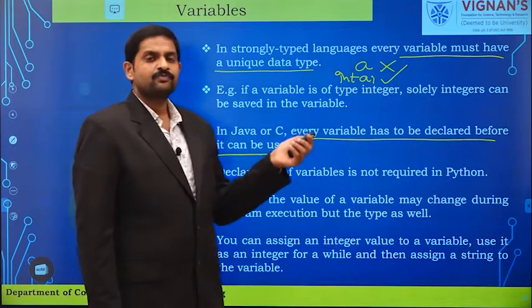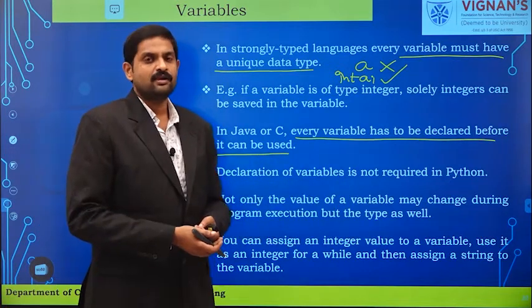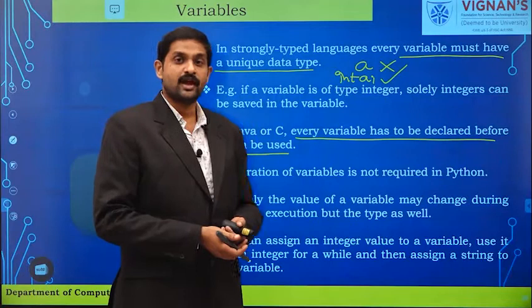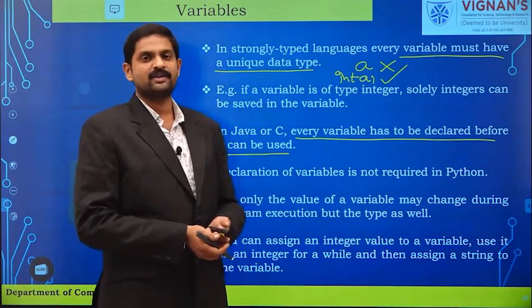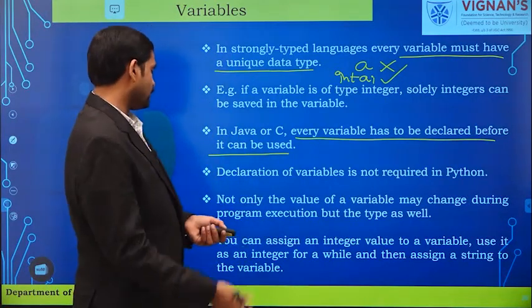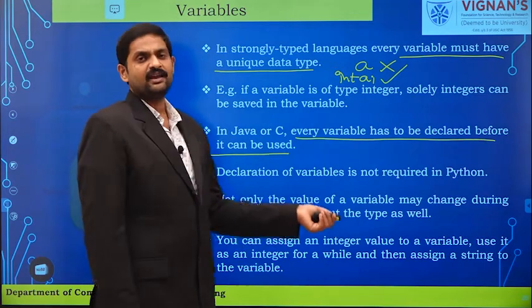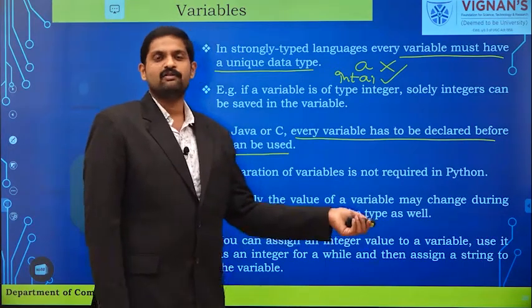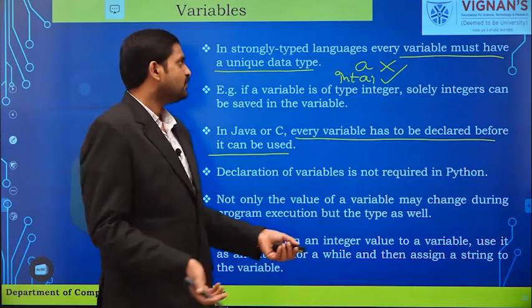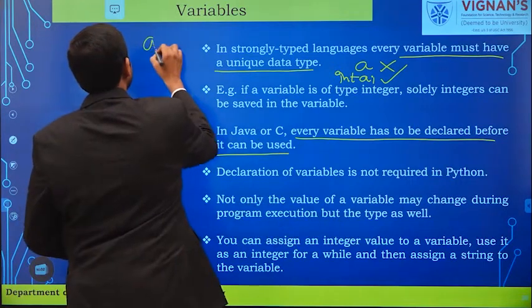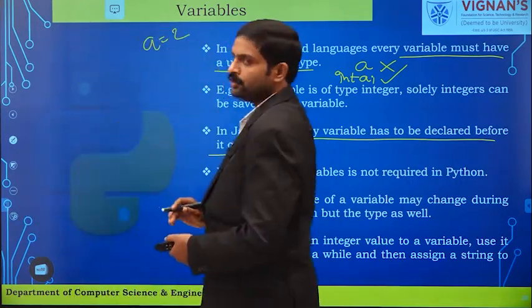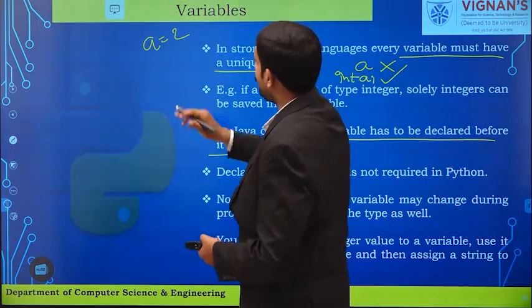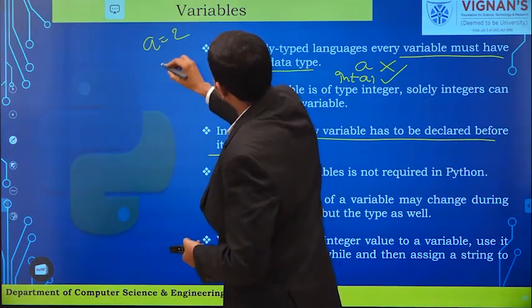Not only the value of the variable changes during the execution, the type of the variable also can be changed during the execution. You can assign an integer value to the variable. Suppose you assign a equal to 2, it works for the integer.